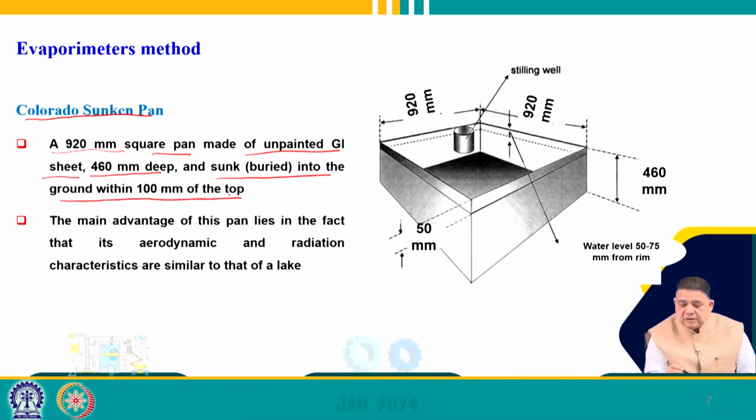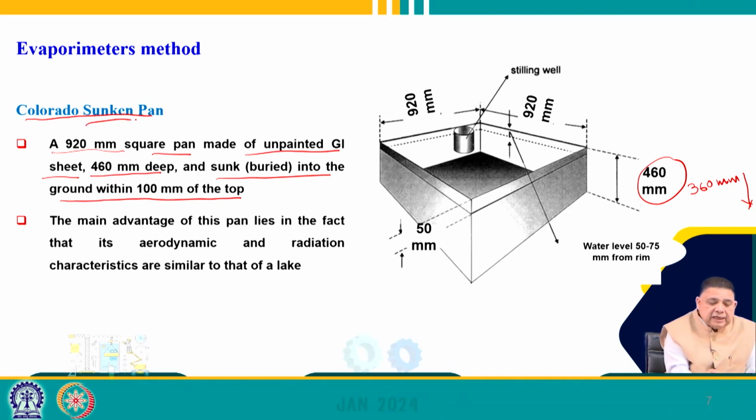So, 920 is the size of the side, and its depth is 460 millimeters. The important thing is that around 360 millimeters of this is buried inside the ground, and because it is sunk inside the ground, it is called the sunken pan.